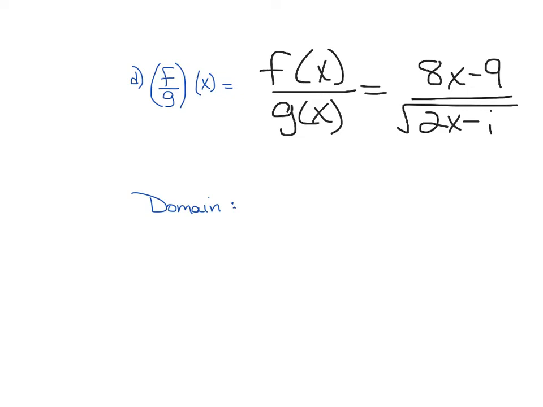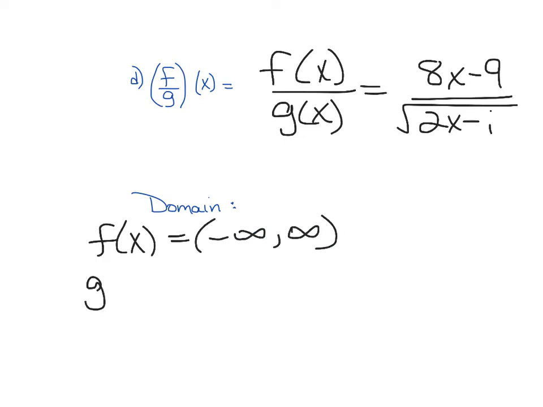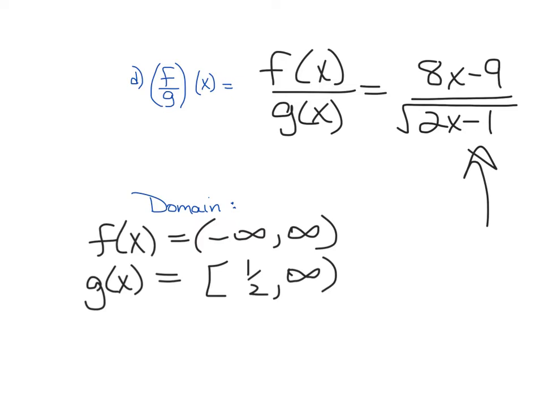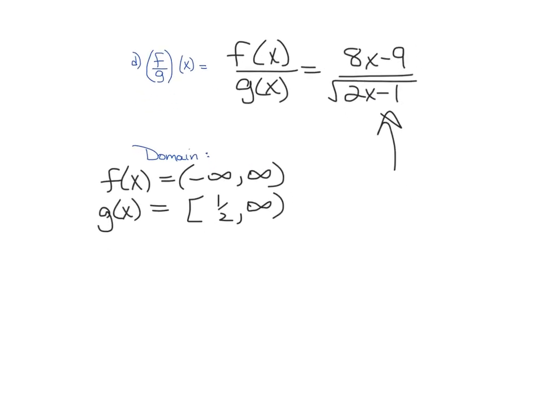So again, the domain of the f of x function, remember, was all real numbers. The domain of the g of x function was everything greater than or equal to 1/2. Now, when we're doing this, we have to check the domain of our quotient here. The numerator is still all real numbers.